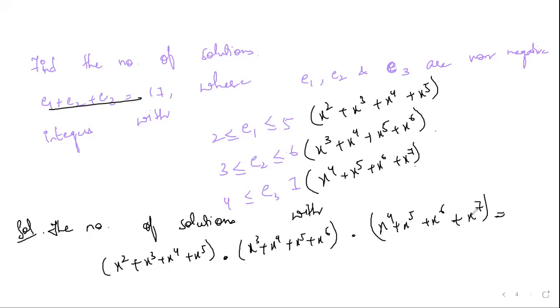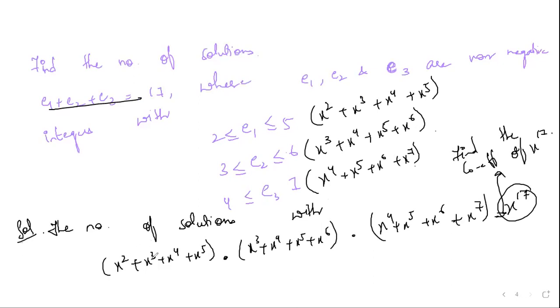Now, what should it be equal to? We need the coefficient of x power 17, since the sum is given as 17. So we find the coefficient of x power 17.